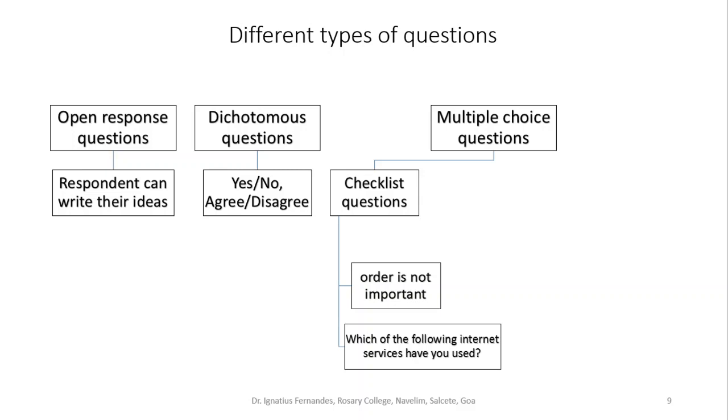They'll give you a list of companies, and ask you to tick mark the ones that you have used. So there is no order involved here. There will be just company names in this case, like Idea, Airtel, Vodafone, Jio, and you'll be just asked to tick mark. So these are called checklist questions.